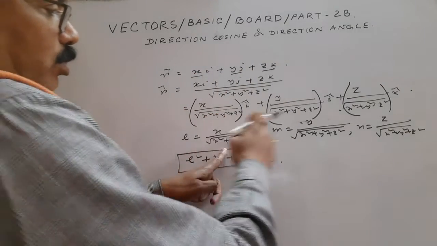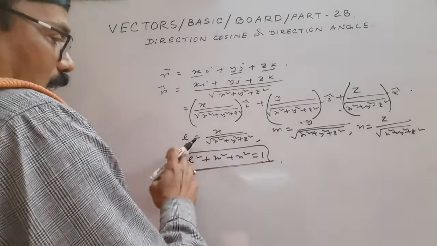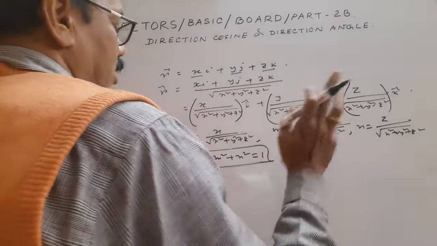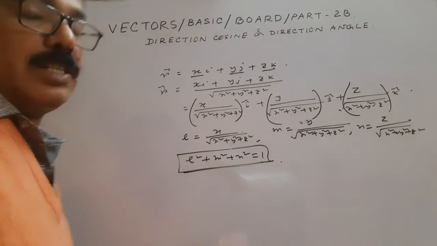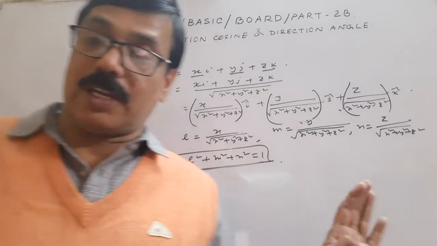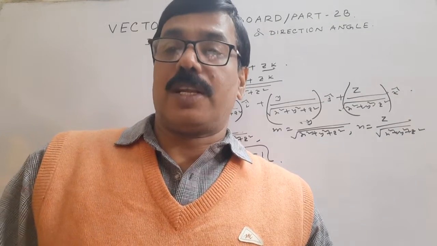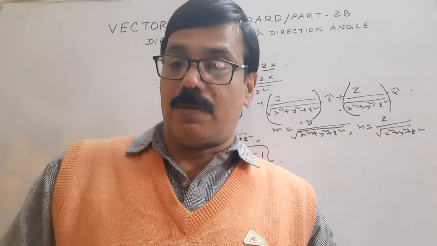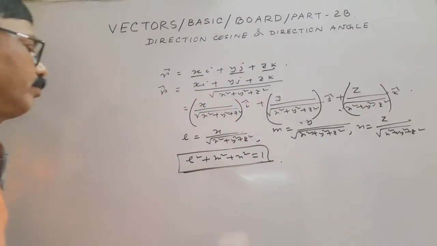Because look, x, y, z are multiplied by the same factor, and if you cancel it, you get x, y, z. So x, y, z represent direction ratios. For any vector, the components of i, j, k represent direction ratios. If it is expressed in terms of a unit vector, then it represents direction cosines.